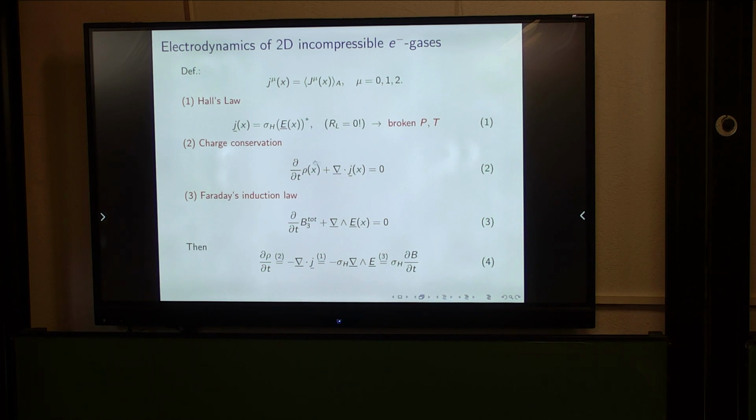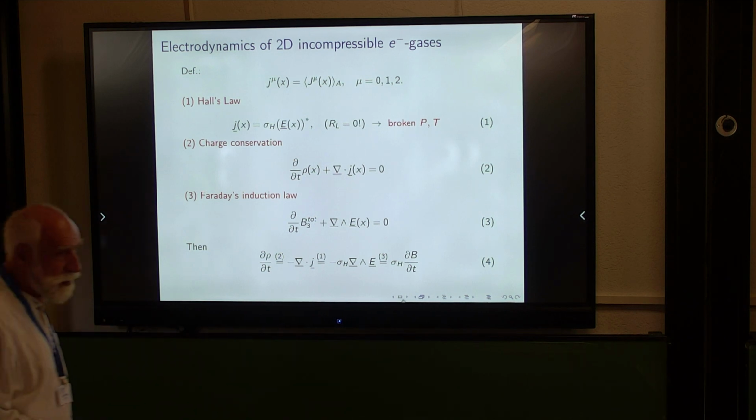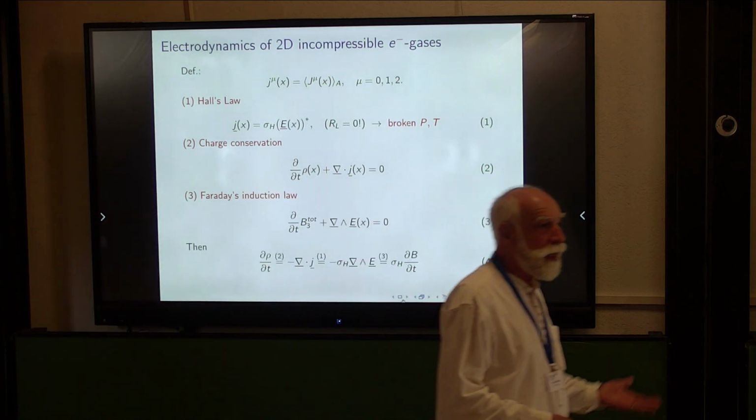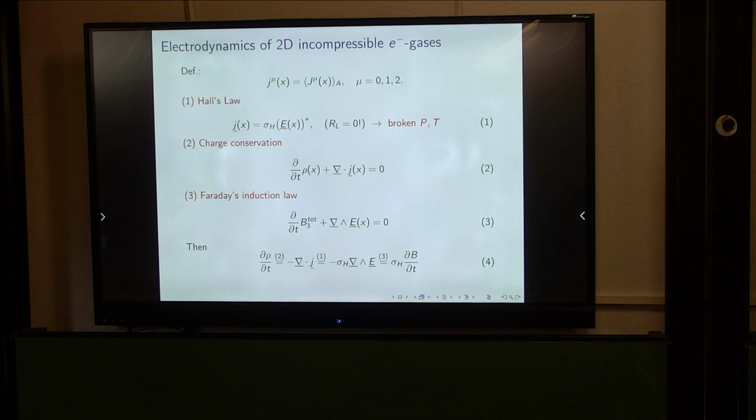So the second law is the continuity equation for charge density and current density. The third law is Faraday's induction law, and now we can combine these 3 laws and find out that the time derivative of charge density equals sigma h times the time derivative of the external magnetic field in the transversal direction.